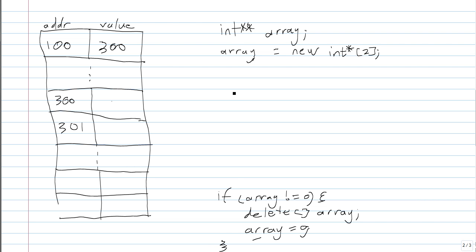Okay, now we can go ahead and allocate more memory for the second set of pointers that we've now created here in this allocation statement to another array of integers.